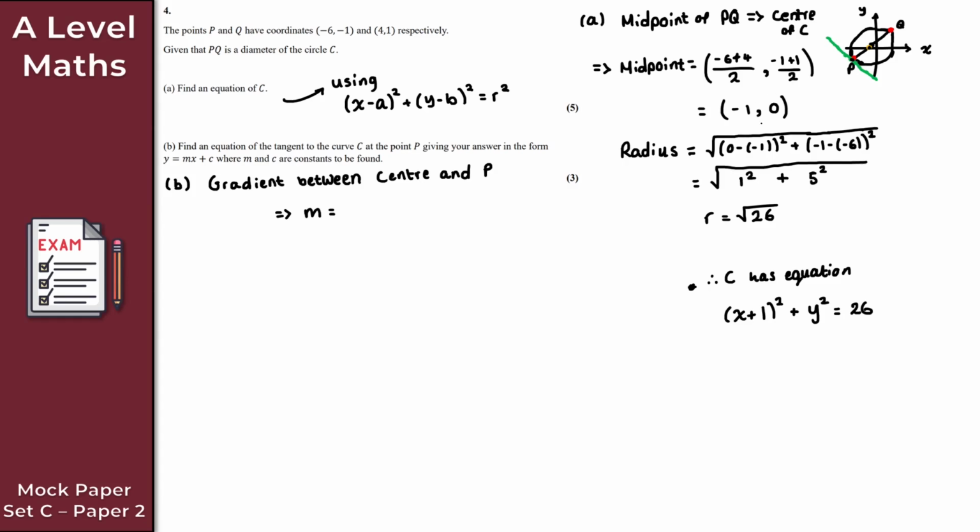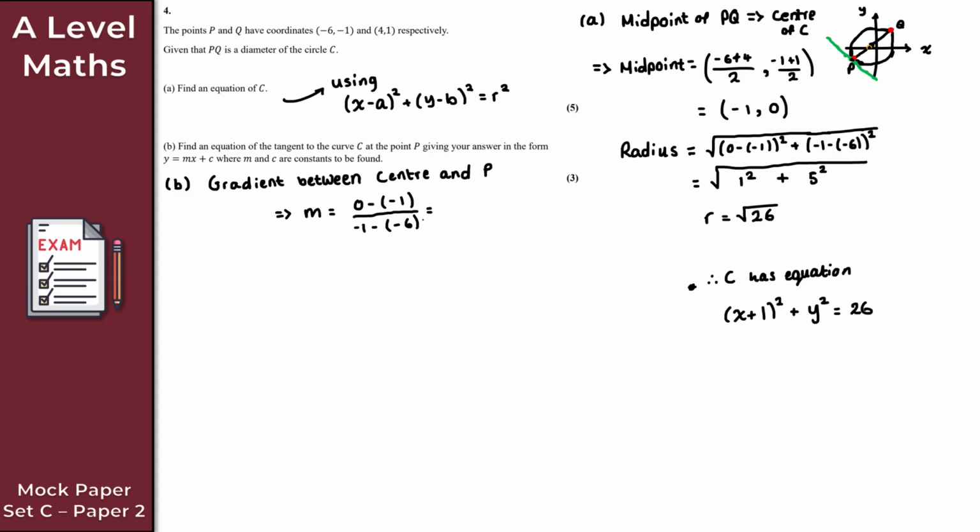So I'm going to take y2 here as 0. It's going to be 0 minus minus 1. So 0 minus minus 1, all over, so it's going to be minus 1 here, because minus 1 here is my x2, minus x1 here, which in this case is minus 6. So x2 minus x1 is minus 1 minus minus 6.